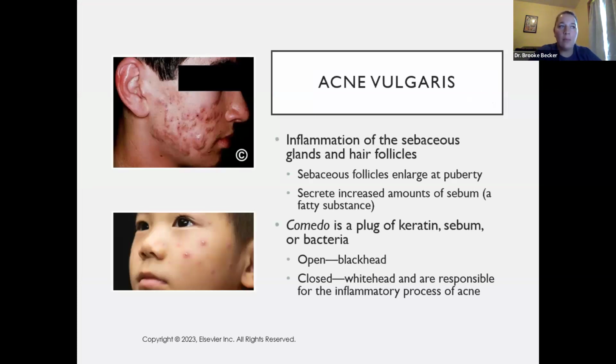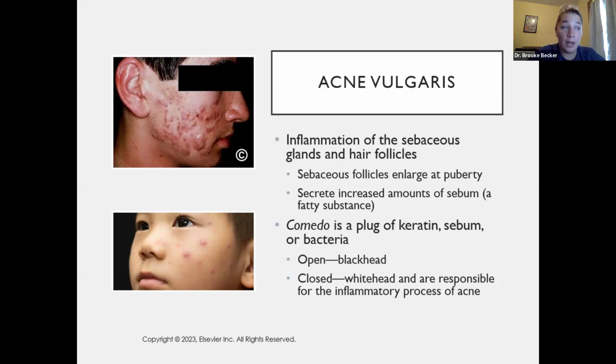Okay, acne vulgaris. So this is inflammation of the sebaceous glands and hair follicles. So our sebaceous follicles enlarge through puberty. That's why you see an increased amount of that sebum, which is a fatty substance, and then it plugs that follicle, and then that's when you see that inflammation happen.